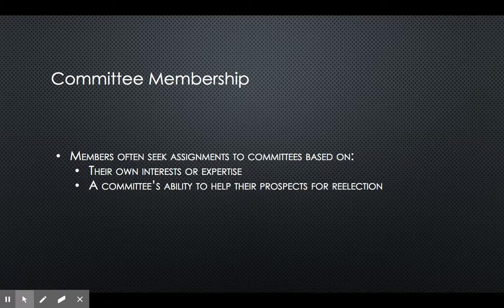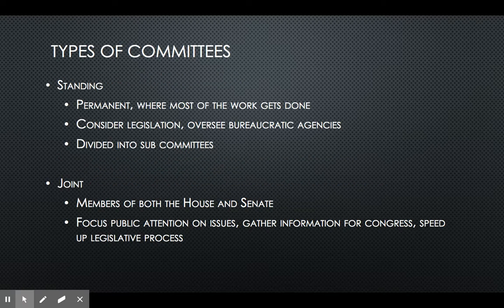The other is a committee's ability to help their prospects for re-election. So, for example, maybe a state is really big on agriculture. That member of Congress might try to get on an agriculture committee because there's a chance that he is going to help pass legislation and get legislation heard that could benefit his state. Okay, so it can be for their own interest or expertise or a committee's ability to help prospects for re-election.